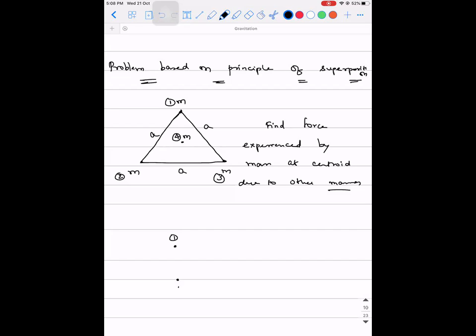The force experienced by the fourth particle due to the first particle will be in which direction?